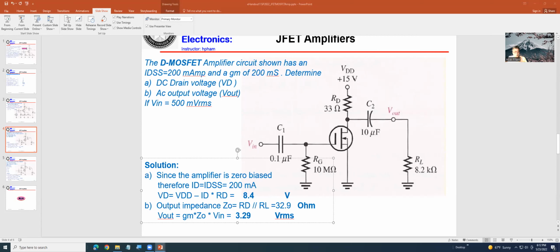You get the output impedance 32.9 ohm, and you times gm. gm is 200, and you times 500, times Vin. Oh, yeah, okay, you're right. Yeah, Vin 500.